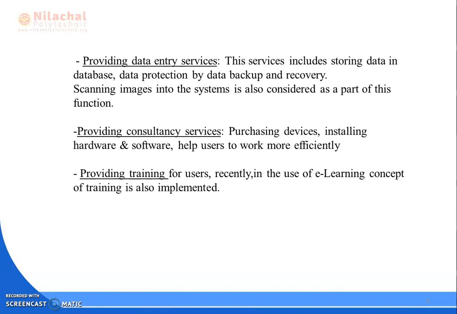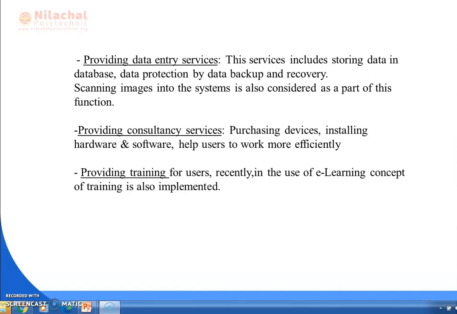Next, it also provides consultancy services. Consultancy services we can summarize as customer care services. After purchasing any device, how we have to install the hardware or software. All those consultancy services or help desks help users to do their work more efficiently. Lastly, the last service is providing training.